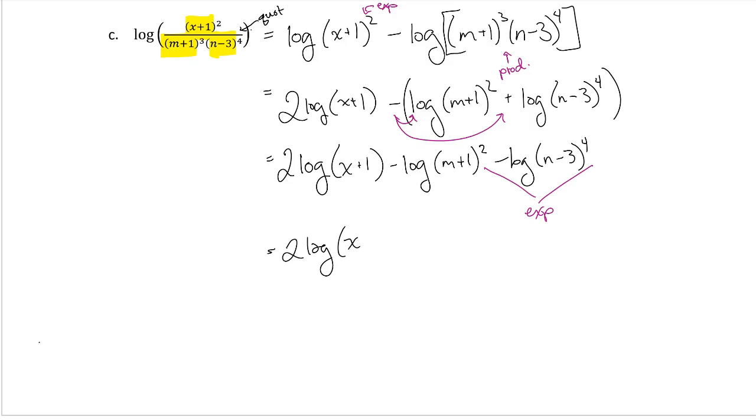So when you're doing these questions, you by no means have to write in which law you're using. I'm just doing that from an instructional standpoint. You can skip right to the part where you're actually just rearranging the expression. And this would be my final answer.